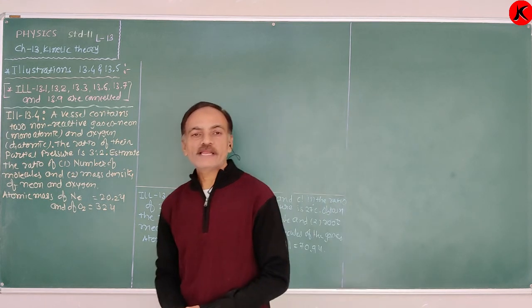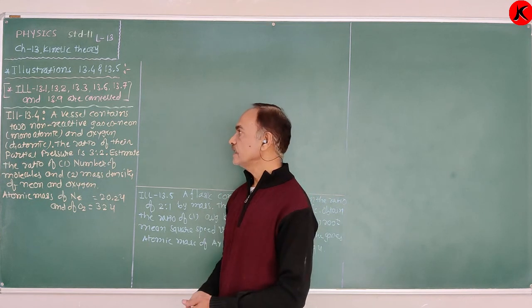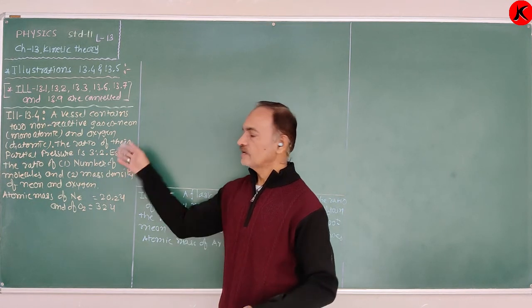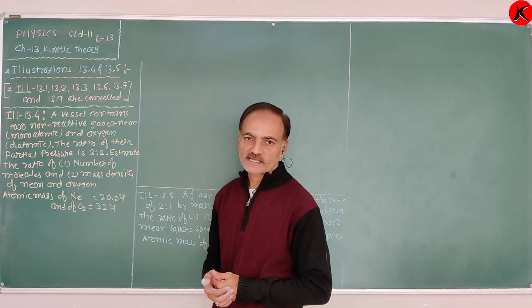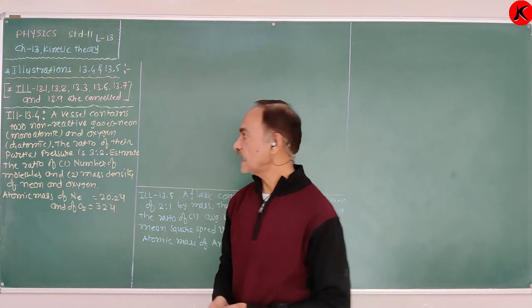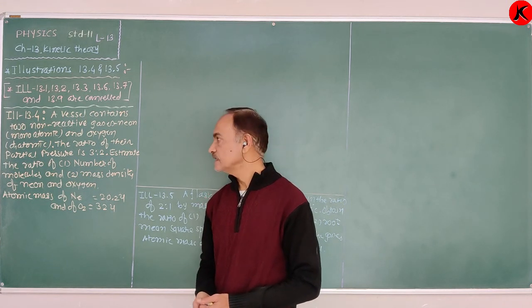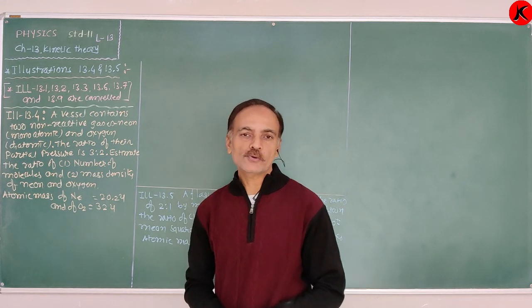Now, in a vessel the two gases, neon and oxygen, are filled. Neon is monoatomic while oxygen is diatomic. Both are non-reactive, and the partial pressure ratio is 3:2.